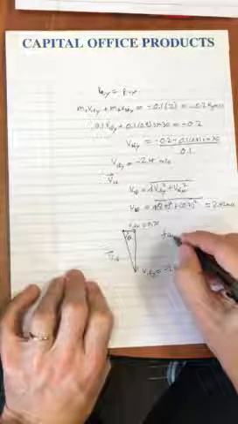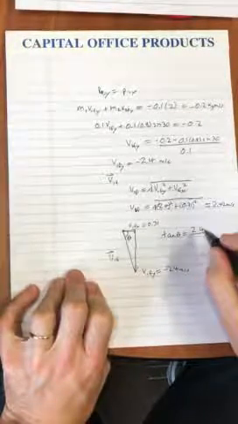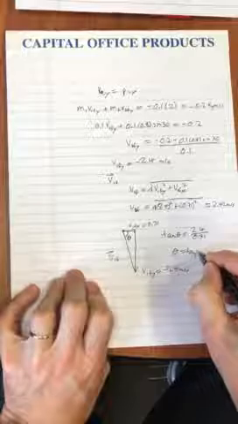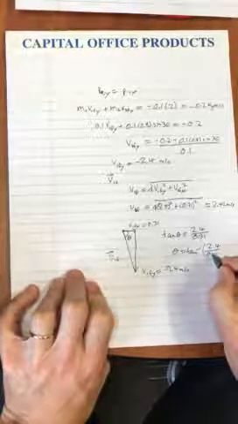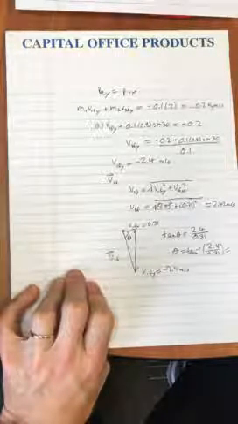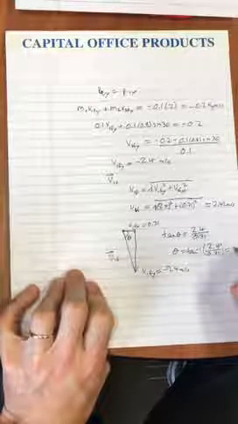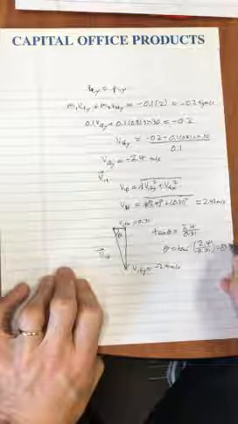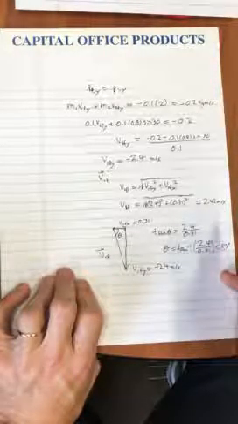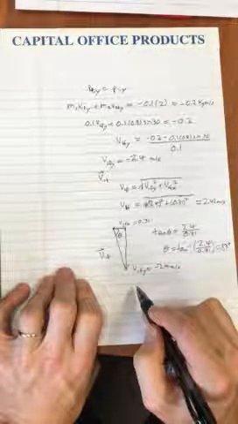The tangent of that angle theta is opposite, or v1fy, divided by adjacent, or v1fx. And that gives me theta is inverse tangent of 2.4 divided by 0.31. So 2.4 divided by 0.31, and take the arc tangent, and I get 83 degrees. So the final velocity is 2.42 meters per second, 83 degrees below the positive x direction.